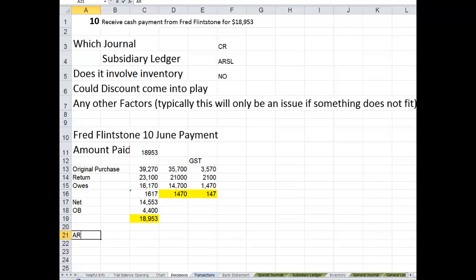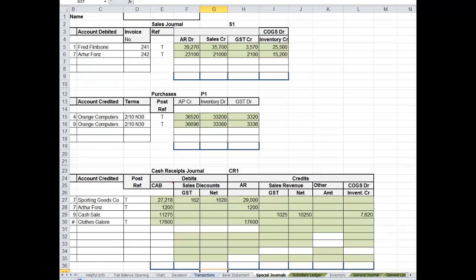So accounts receivable will reduce by what they paid, plus the total discount, which is made up of the GST plus the net amount. So these are the 4 items that we'll need to put into the general journal, into the special journal, cash receipts. So let's have a look.